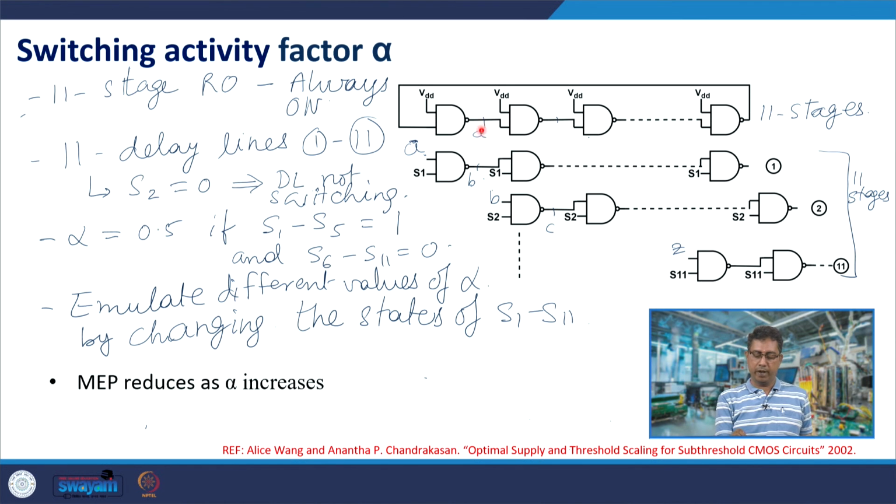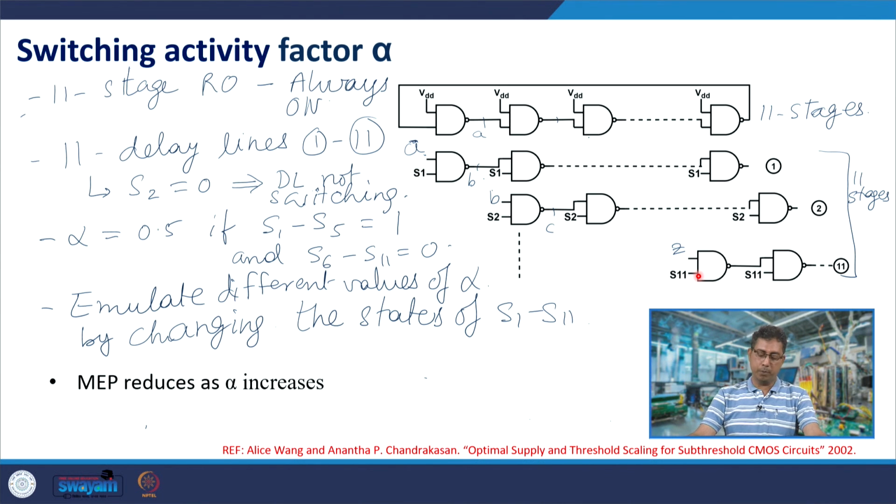Now, you drive this node of the delay line with this node of the ring oscillator, and this node of the second delay line with this node of the first delay line, like that. Now all these delay lines have equal number of switching and equal power, equal delays, etc. They are all symmetric in that sense. If S1, S2, ..., S11 are all VDD, are all 1.